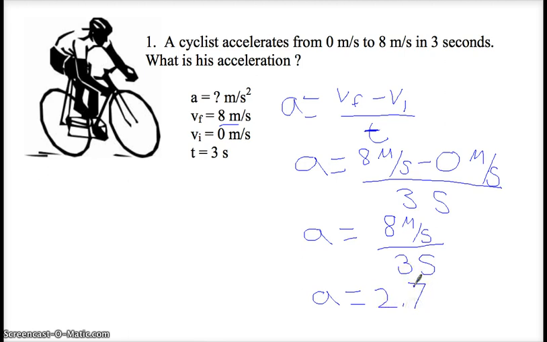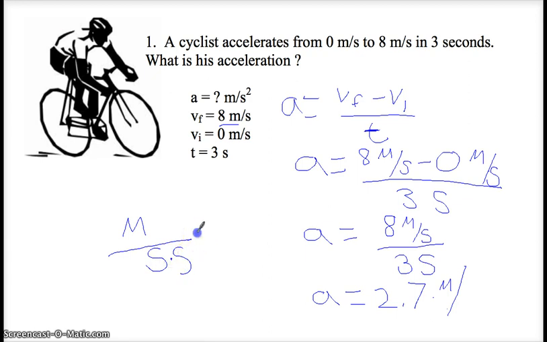Now comes my units. Notice I have a meter on the top and I have a second on the bottom. But then I have another bottom, which is another second. So I'm basically saying that I'm dividing by 2 seconds, which is another way of saying that I've got a meter on the top and I've got 2 seconds on the bottom.